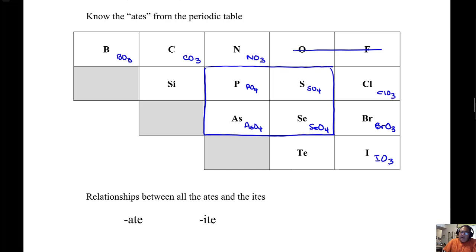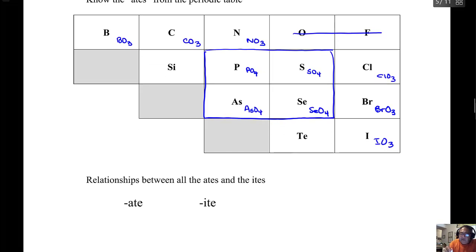Now, let's do the charge. The charge can be predicted for many of them just from where they are on the periodic table. If I was to put a number here, this one would be 1 minus. That's also the charge of chloride, a 1 minus.